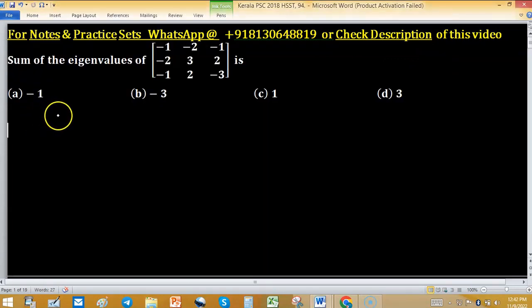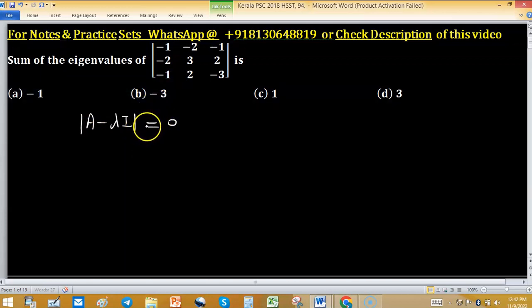The sum of the eigenvalues of this given matrix you can find easily with the help of determinant of A minus lambda I equals 0. You can solve this equation and find the exact eigenvalues of this given matrix.